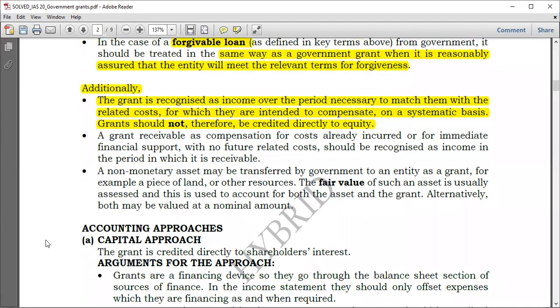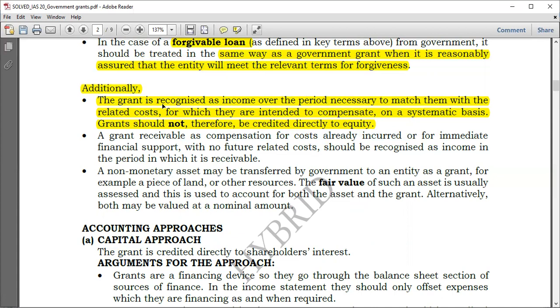Now we are told that the grant receivable is compensation for cost already incurred. Let's say you already incurred the cost and now the government comes and gives you the grant. The income recognized should match the cost. If you have equipment with a 4 year useful life, you match that income over 4 years.